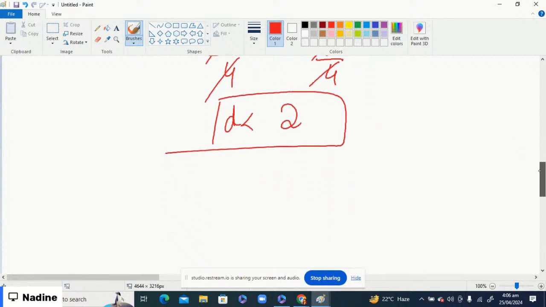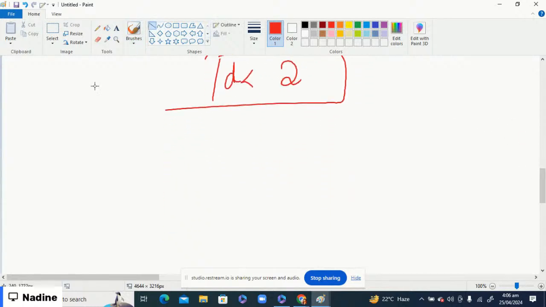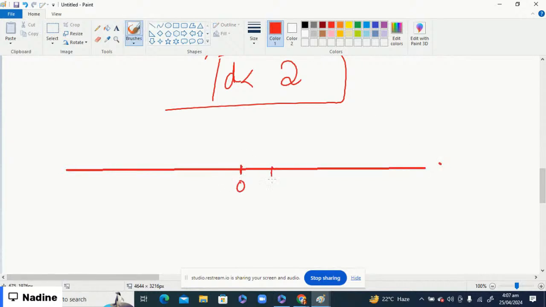Let's do it. This is the number line, and here it's negative. d is less than 2.